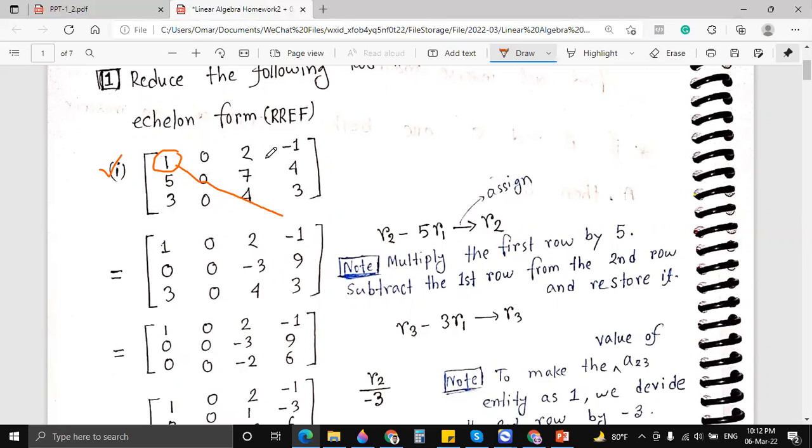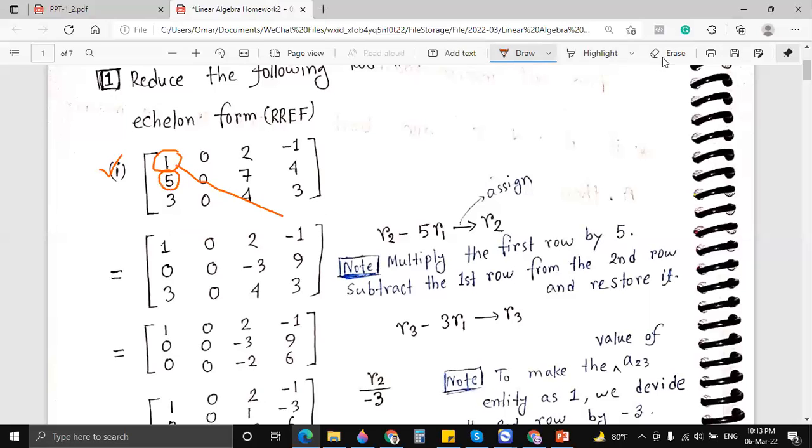Now we need to make all the numbers below that main diagonal 0. So we need to make 5 a 0, this 3 a 0, and we have a 0 here, so no problem. So now let's think how we can do that.